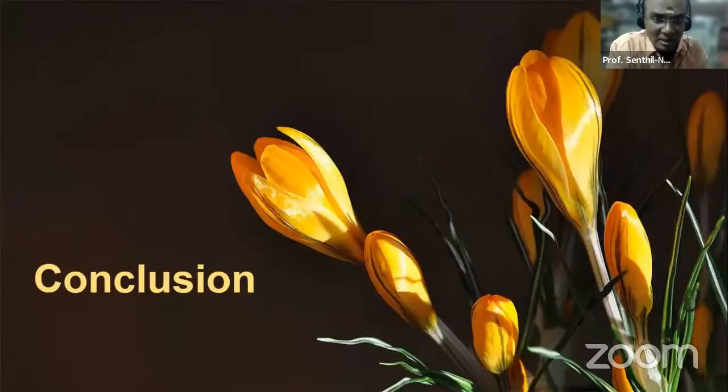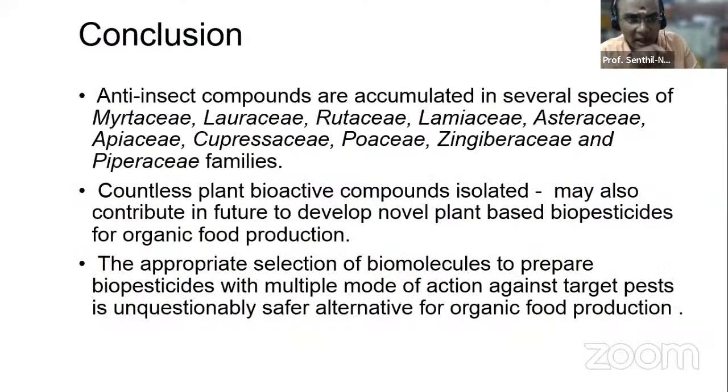So with the points which I spoke about in the beginning itself, we have a few conclusions that should be asserted. Anti-insect compounds are accumulated in several species of Myrtaceae, Lauraceae, Rutaceae, Lamiaceae, Asteraceae, Fabaceae, Fagaceae, Zingiberaceae, and Piperaceae. That includes Zingiber officinale, the common ginger, and Piperaceae, which includes Piper nigrum, that is pepper.